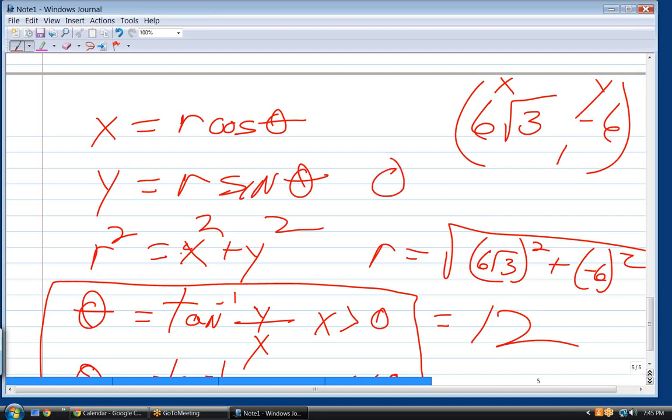What's theta equal to? Theta would be inverse tangent of y over x. So inverse tangent of negative 6 over 6 root 3.